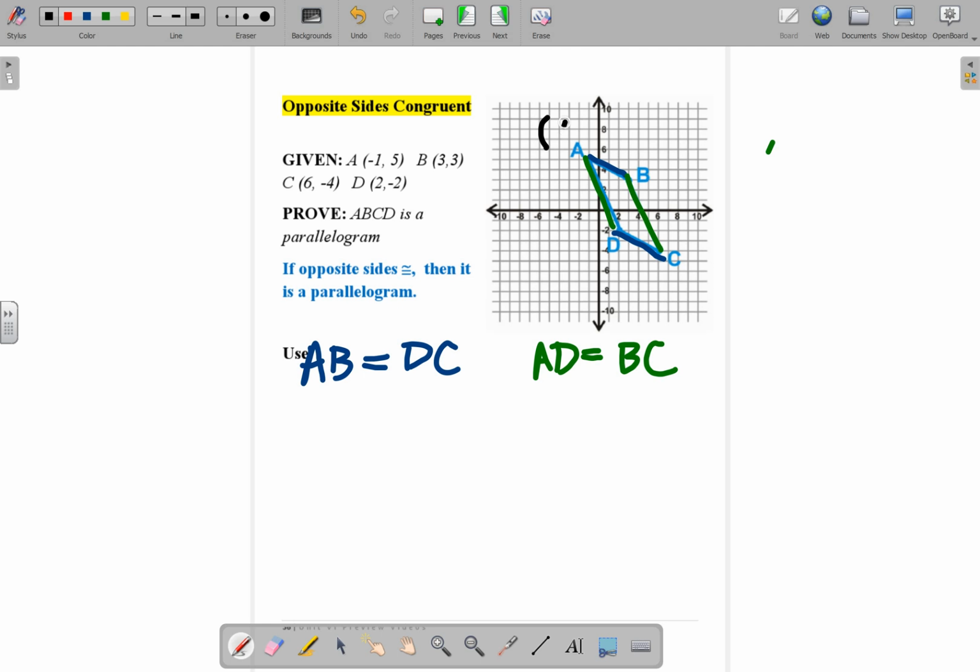Get your coordinates on there. You're going to need them, so it's easy to work with. Let's set up our templates.